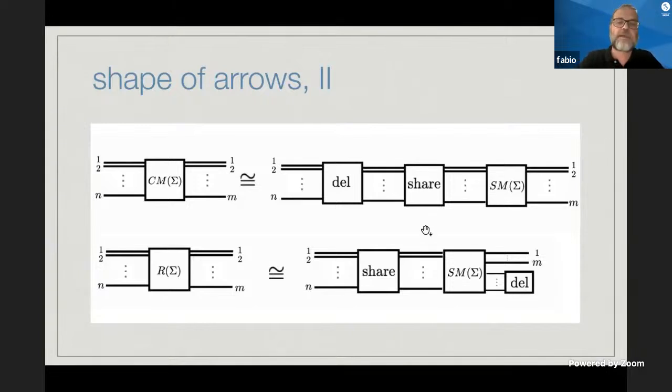What happens with restriction? Well, the decomposition is of this kind. I have some sharing at the beginning, then some symmetric monoidal arrow, that's to say an arrow from the free symmetric monoidal category, and then I have some deletion here. Okay, some application of the deletion. What happens if I have only one?